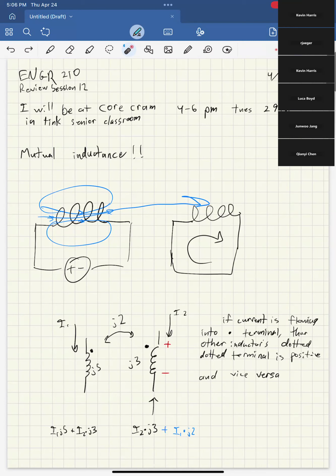The point of the dot is to tell you which direction it's going. I can write out the other side instead of just saying vice versa.